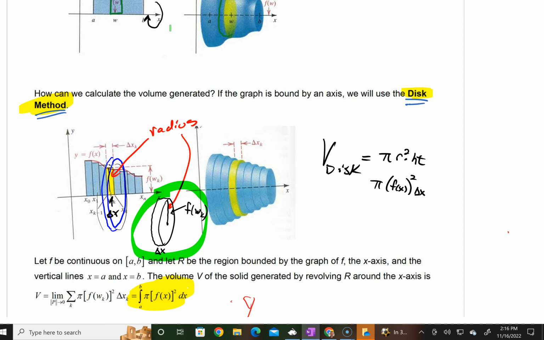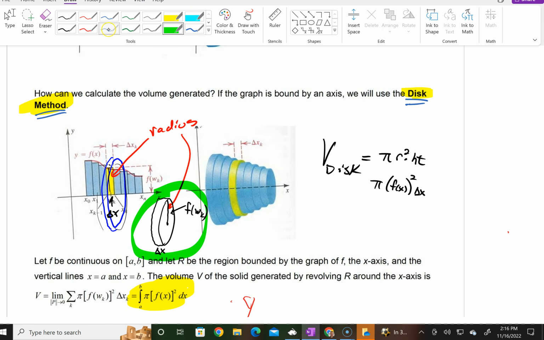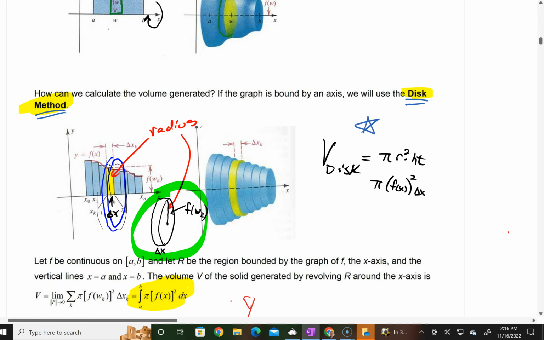Now, here's what we need to know from geometry. This is really a circular prism, a cylinder. Anytime you find the volume of a prism, you take the area of the base. Guess what that base is?